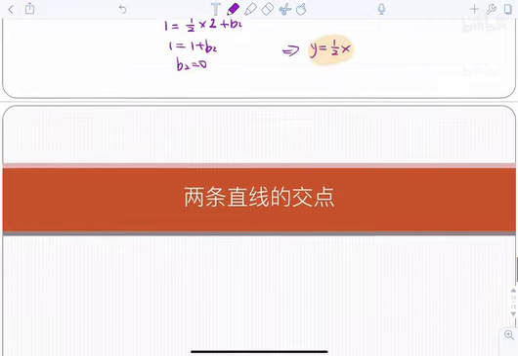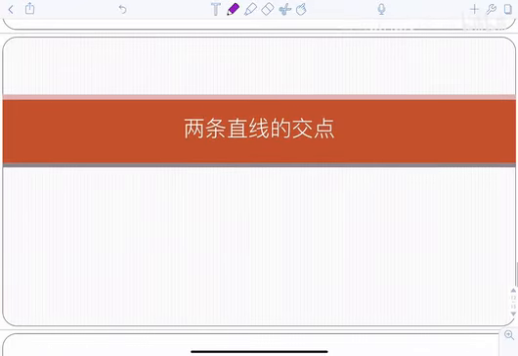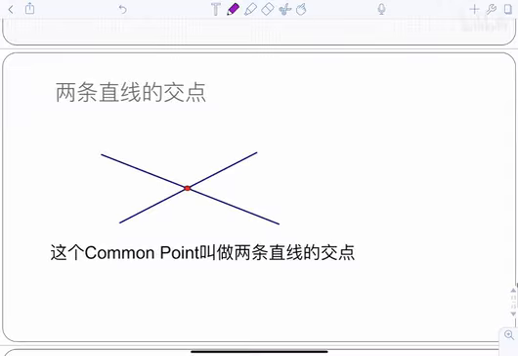So let's go on. Let's see two straight lines, the common point. 交点, the intersection of two straight lines. This point is on both straight lines, and this point means the common point.